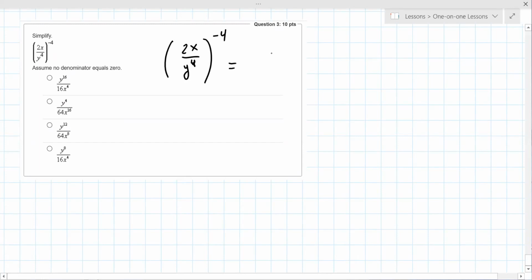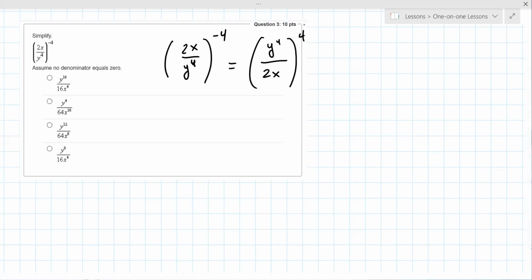I can't hear you. We would flip the numerator and denominator. That's right. And rewrite as to the power of 4. Now, this 4 goes to everything. So it goes to the 4, the power of 1, the power of 1.